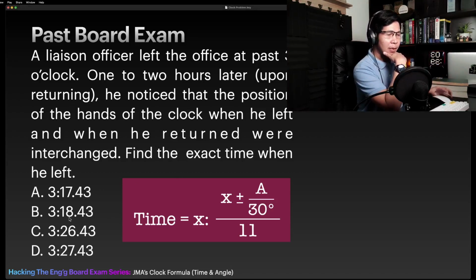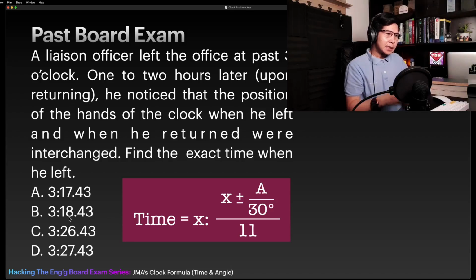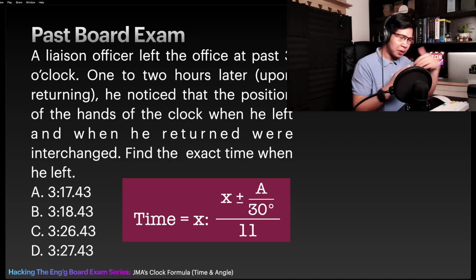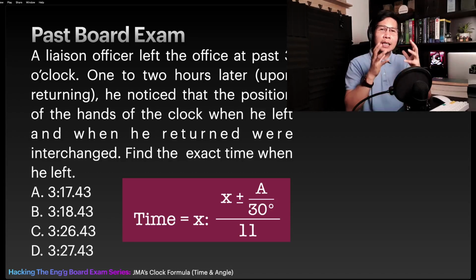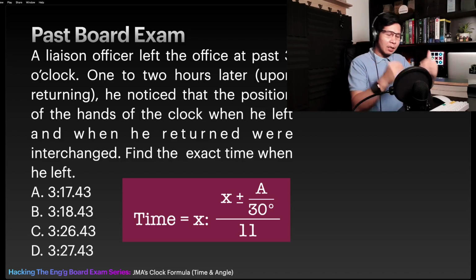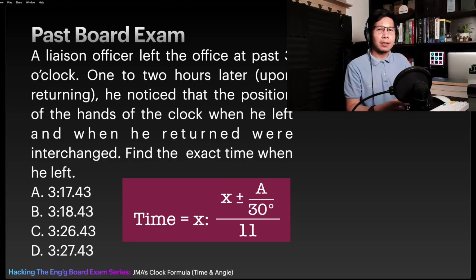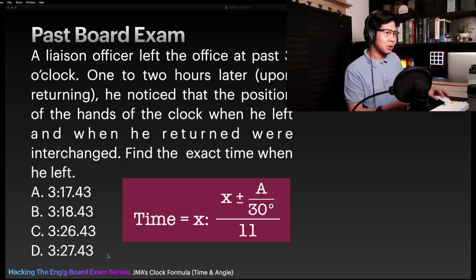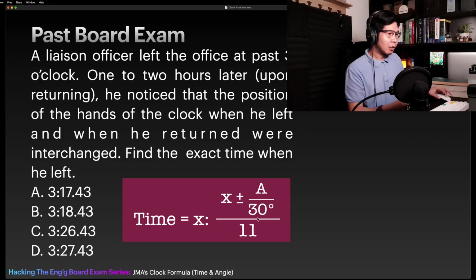3:17, 3:18. I made this an example because this is why I call it Hacking the Engineering Board Exam Series: this is an advantage of the board exam over exams in school. In school, there are no choices. Here, in the board exam, there are choices. Because if there are no choices, you can't readily use the formula I made.